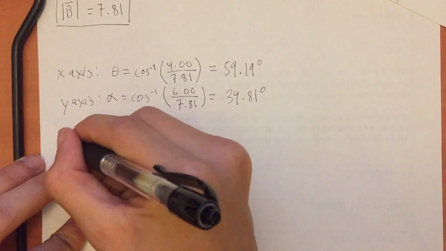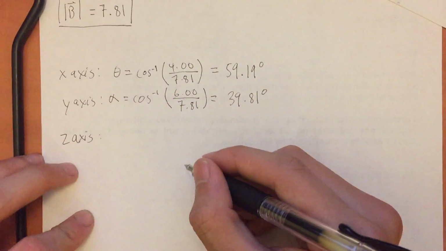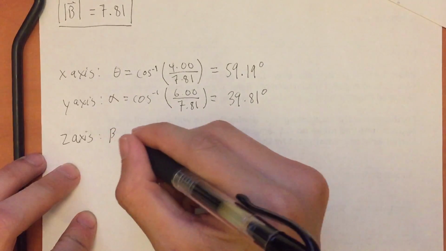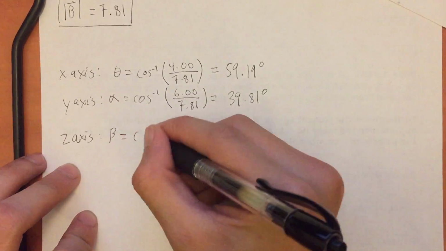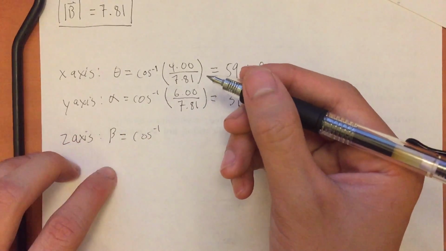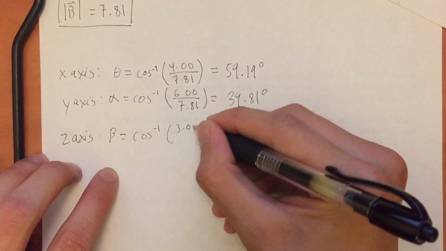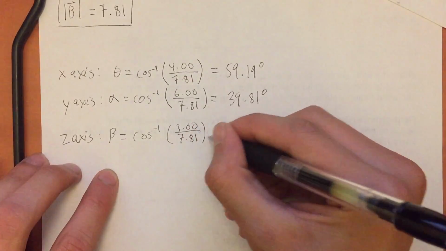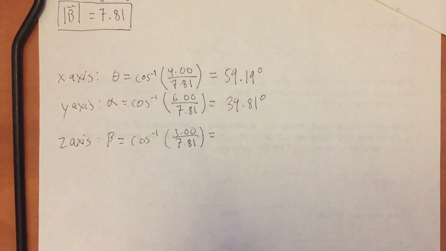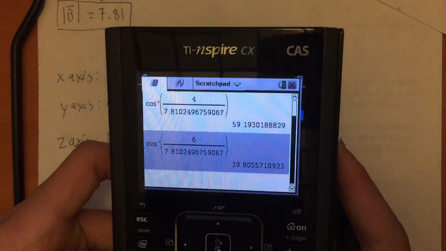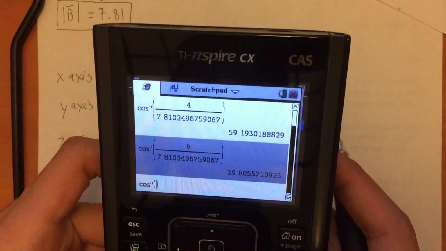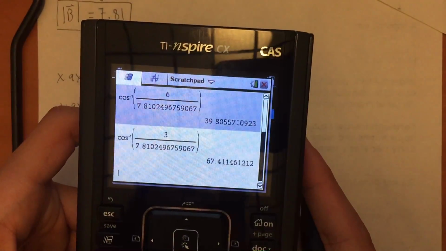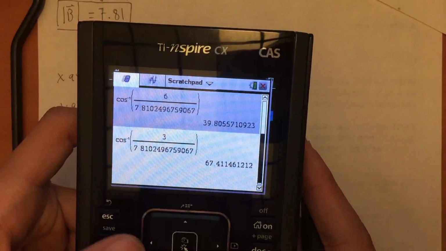And finally, for the z-axis, we'll call that angle beta, which equals inverse cosine of the z component, which is 3.00, over the magnitude of vector B. Plug it into the calculator, and we get 67.41 degrees.